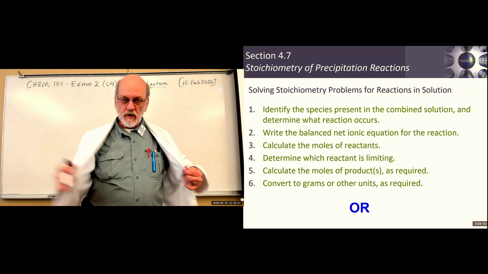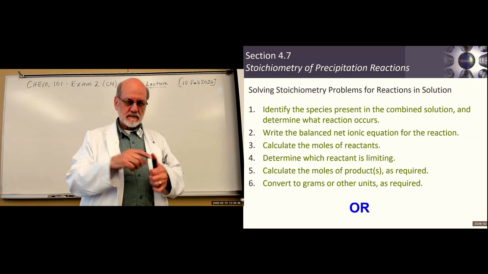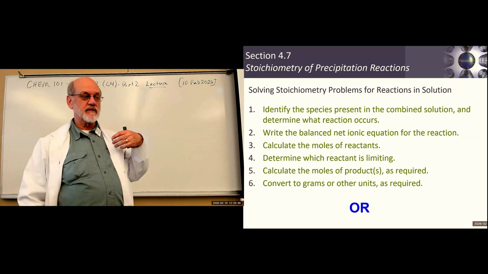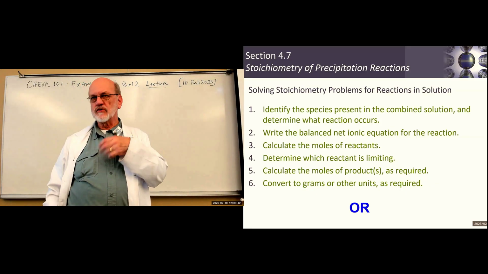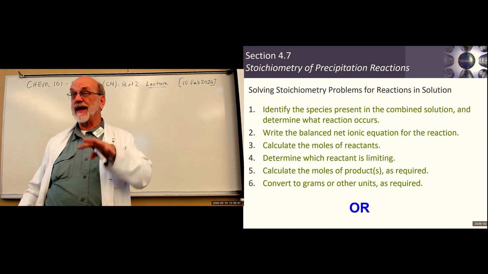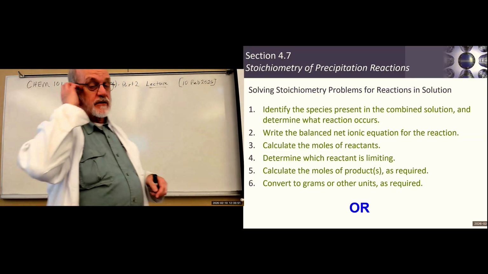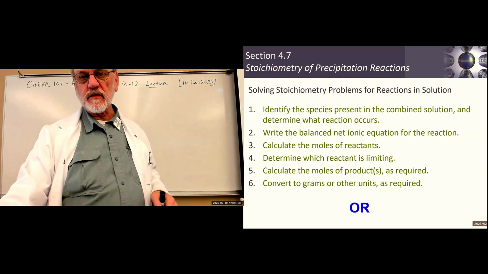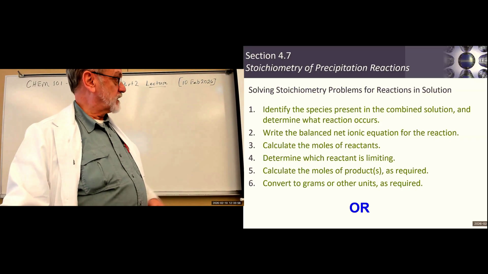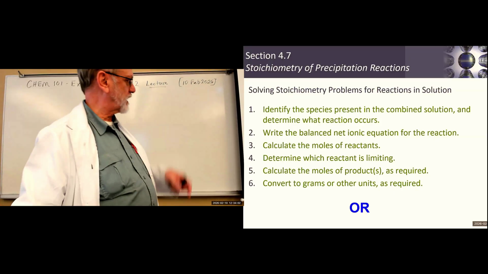Now we're going to go to the stoichiometry of solution stoichiometry as an extension of what we learned already about general stoichiometry, where we usually have solids and gases that were our examples. All right, these are just step-by-steps. It's going to be easier to describe if I just give you an example. But there it is in green letters, almost green. They're green on my screen. They're kind of light green on yours.